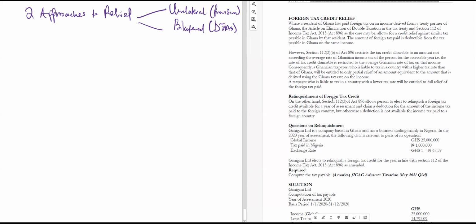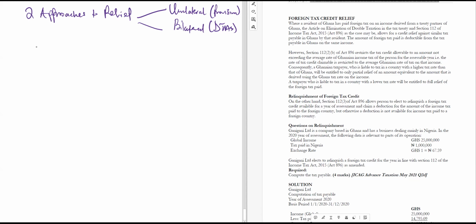Now, if you are liable to tax in a country with a higher rate than Ghana, you will only be entitled to a partial relief of an amount that is equivalent to what? The amount that is derived using the Ghanaian tax rate on that particular income. You understand? So a taxpayer who is liable to tax in a country with a lower tax rate will be entitled to the full relief.